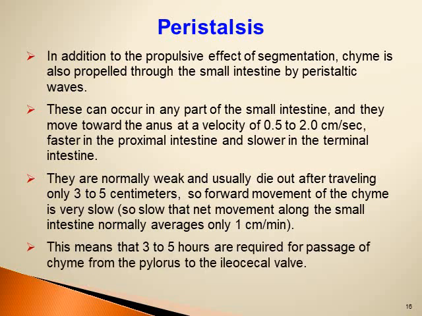This means that we need 3 to 5 hours to pass the chyme from the pylorus to the ileocecal valve. So this slow propulsion of chyme will make the intestinal transit time, or the intestinal emptying time, about 3 to 5 hours.